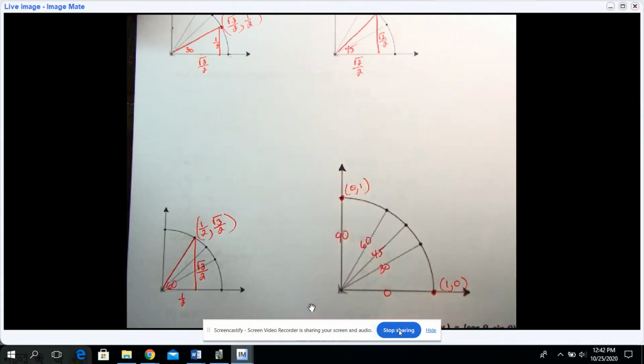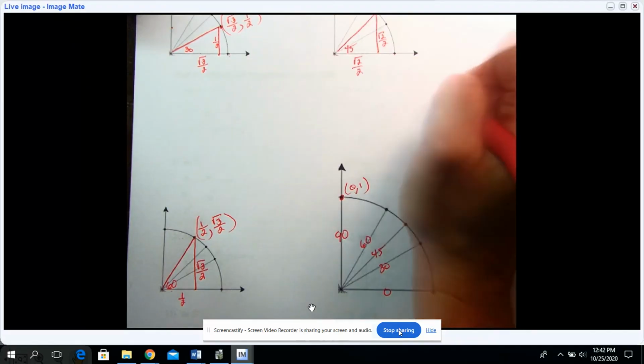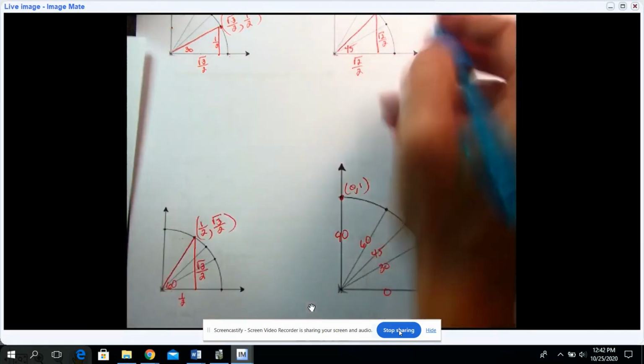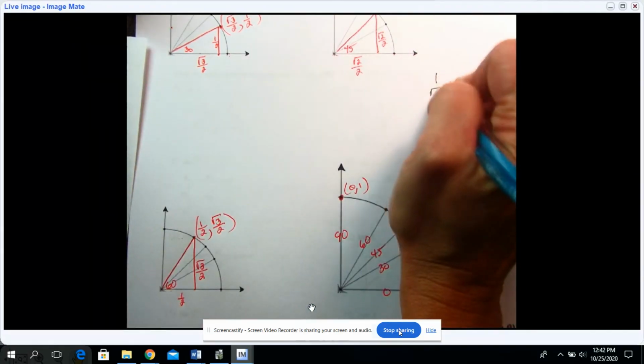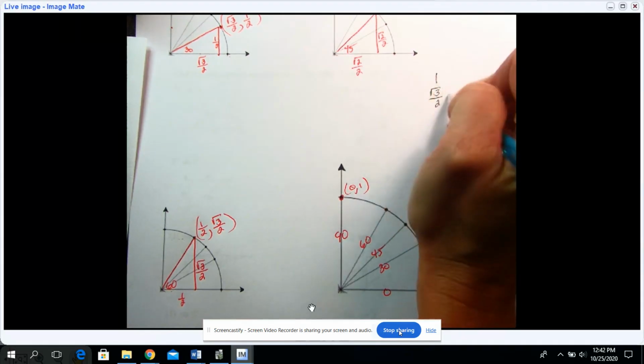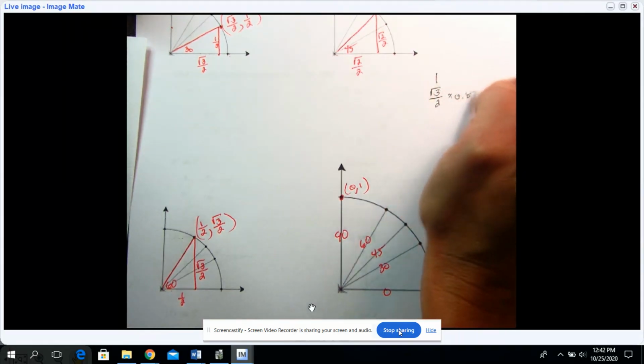Something I want you to make sure you understand is that you would have 1, and then square root of 3 over 2 is approximately 0.87.